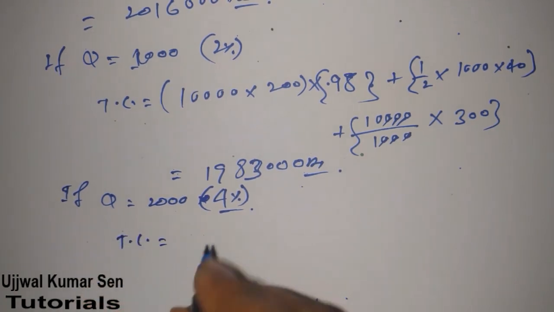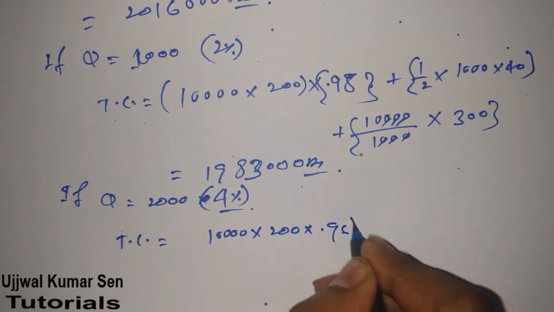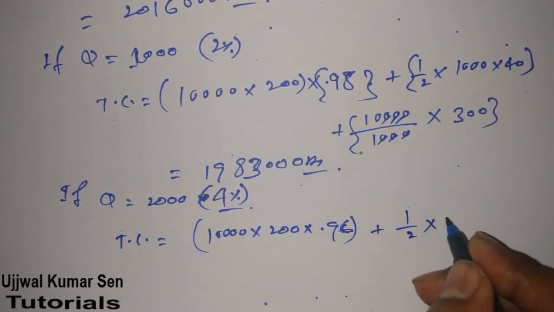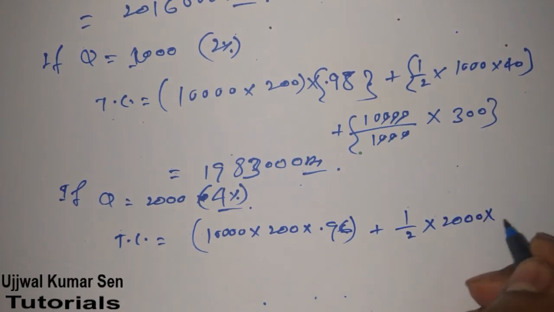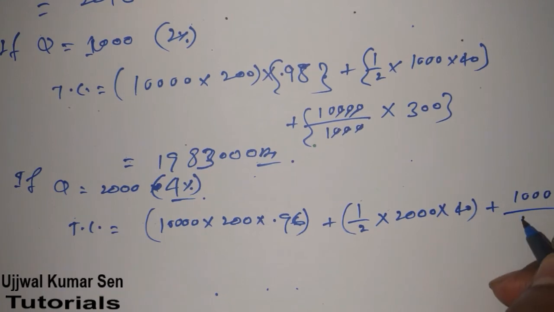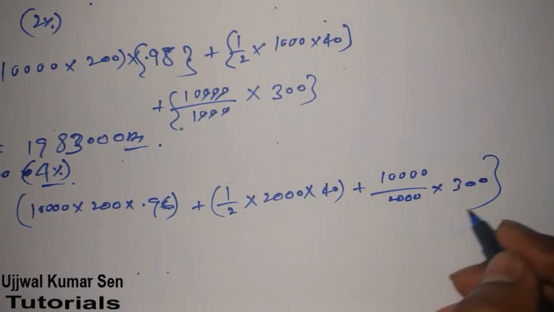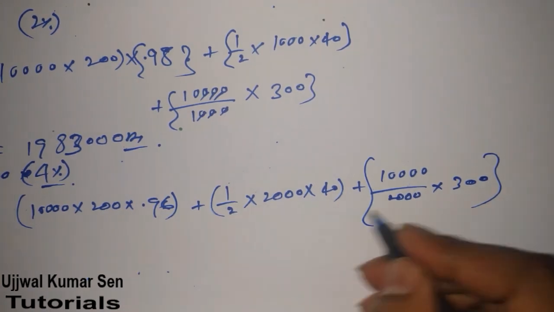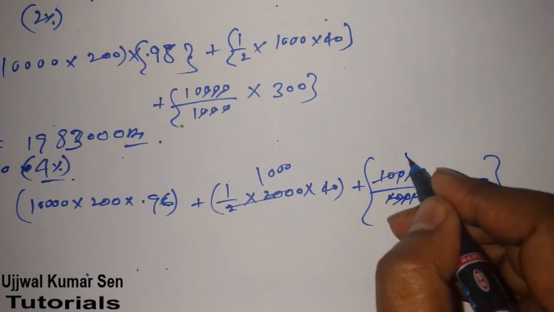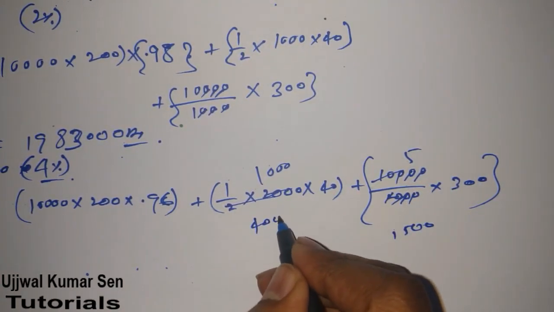So total cost is equal to 10,000 multiplied by 200 multiplied by 0.96, plus half 2000 multiplied by 40, plus 10,000 divided by 2000 multiplied by 300. Do a little calculation here. This is 1000 remaining, here cancels, so it's 5, so it's 1500 and it's 4000.